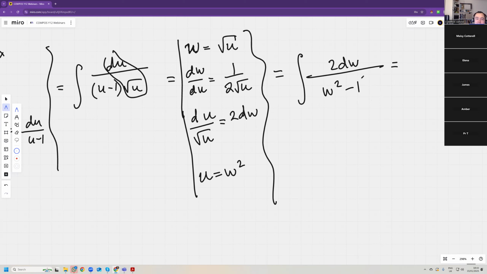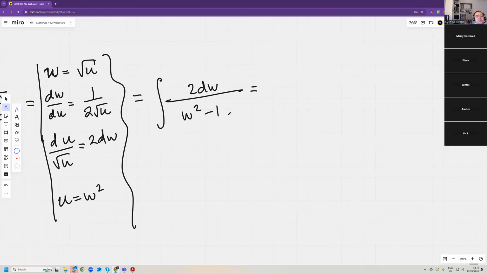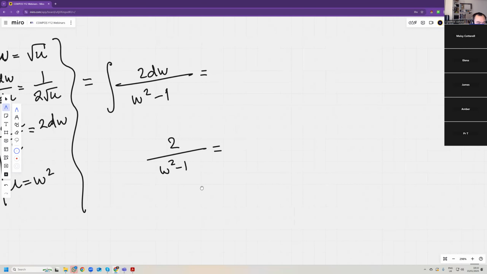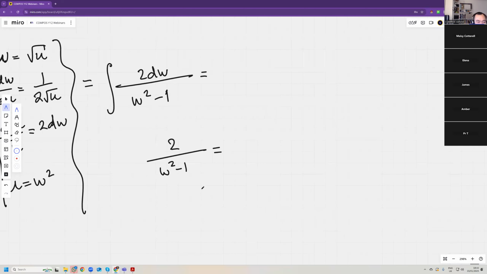Aha. Here, w squared minus 1. So here we need to use something that is called partial fractions. So I'm going to write 2 over w squared minus 1, and I want to simplify this. To simplify this, I factorize the denominator, w minus 1 times w plus 1.